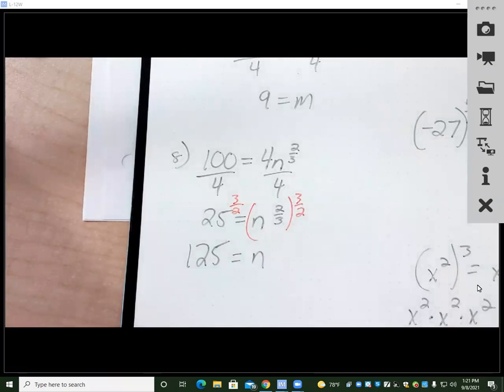Good question. Yeah, we're taking the square root. Because you could have 5, and then 5, and then 5 times negative 5. So your thought is negative 125 could also be an answer?